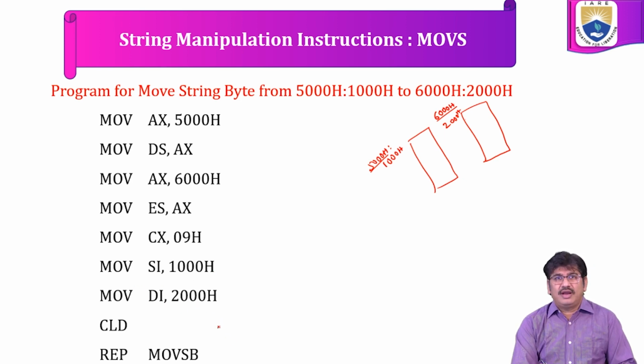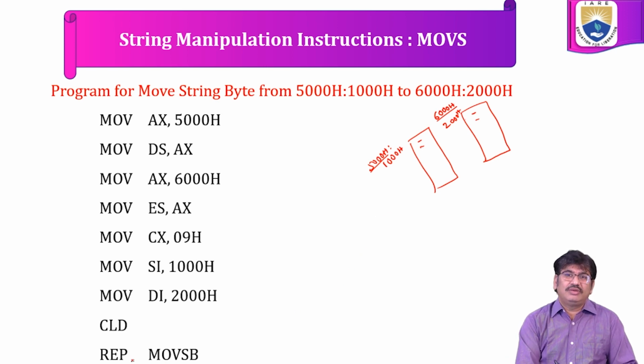For string manipulation from lower address to higher address, we have to clear the direction flag, that is CLD. Next, MOVSB will move the data which is present at 5000:1000 to 6000:2000. If you want to move multiple data, we have to execute this move instruction repeatedly.